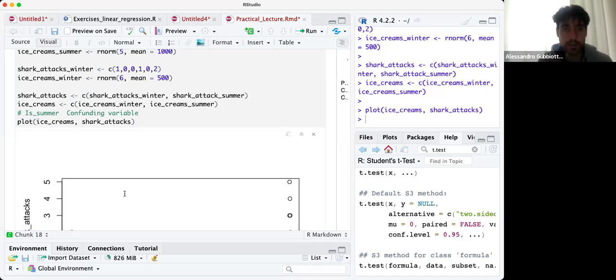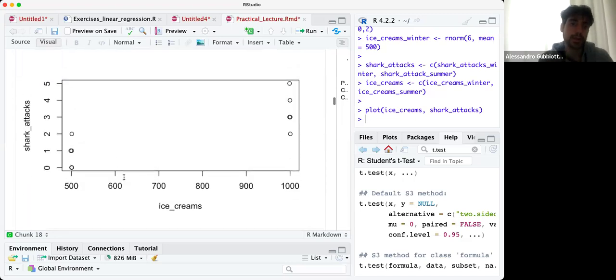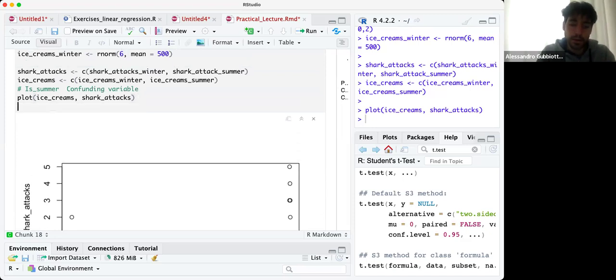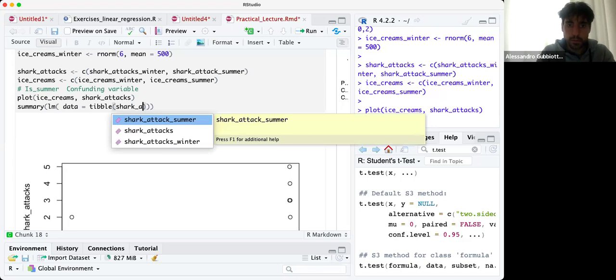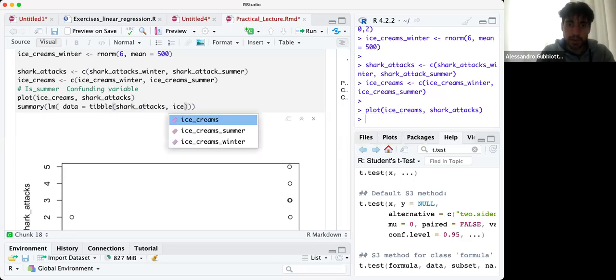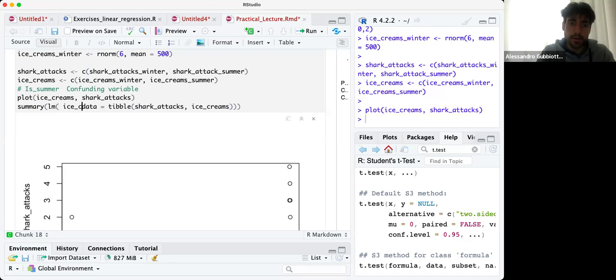Let's simply plot also the regression line, or maybe let's try to predict the number of shark attacks from the number of ice creams sold, and we will see that probably it is significant.